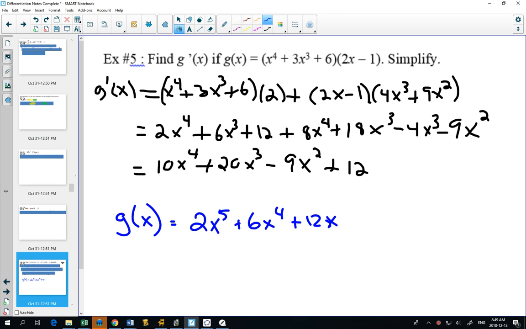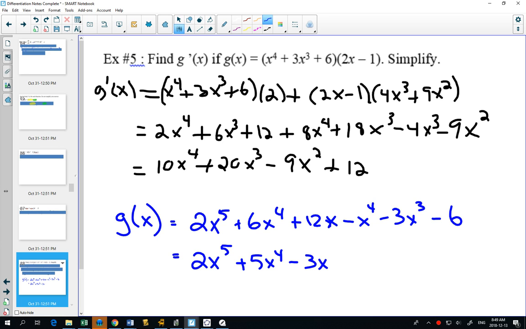So it'll be minus x to the 4 minus 3x cubed minus 6. So I could distribute first, and then combine my like terms to get 2x to the 5 plus 5x to the 4 minus 3x cubed plus 12x minus 6.